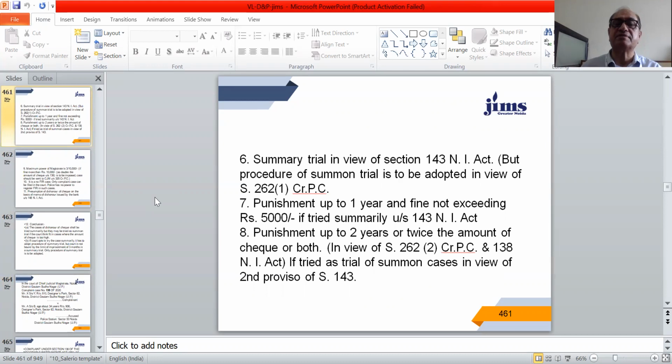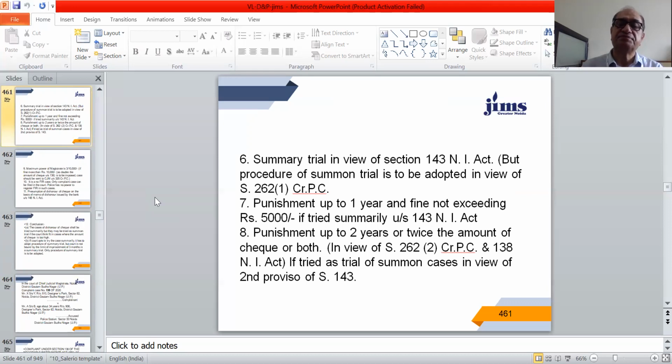Rule number 6 is that it will be a summary trial in view of section 143 of Negotiable Instrument Act, but the procedure of summons trial is to be adopted in view of section 262 clause 1 of CRPC.